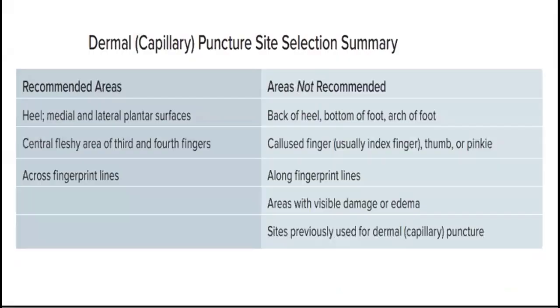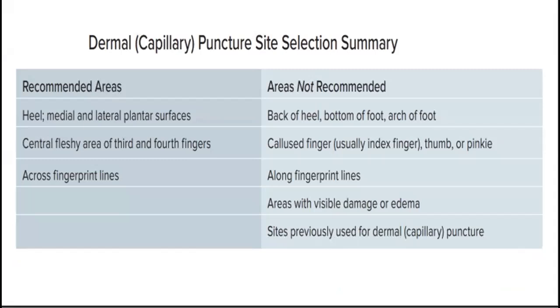Okay, so here is a summary of the recommended and not recommended sites for dermal puncture. Recommended areas: heel, medial and lateral plantar surfaces. On the finger puncture, it's the central fleshy area of the third and fourth fingers, and we should cut across the fingerprint lines.